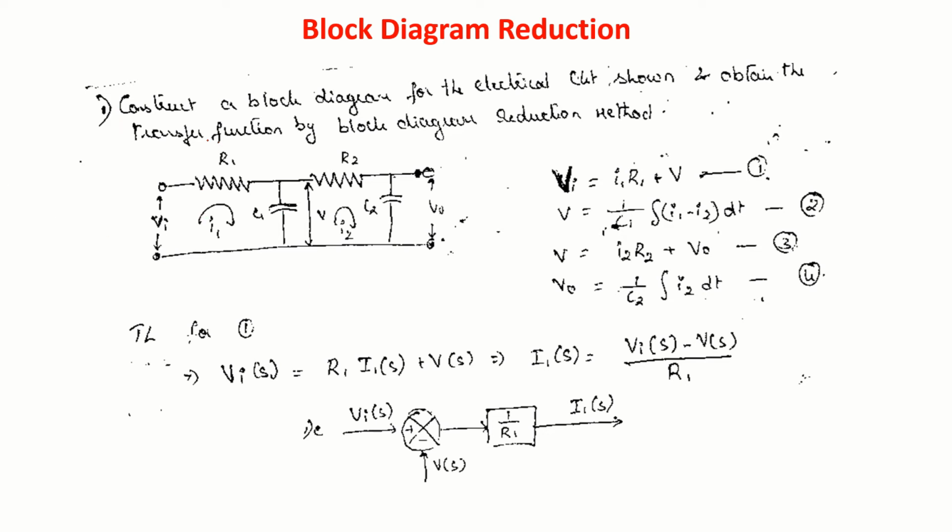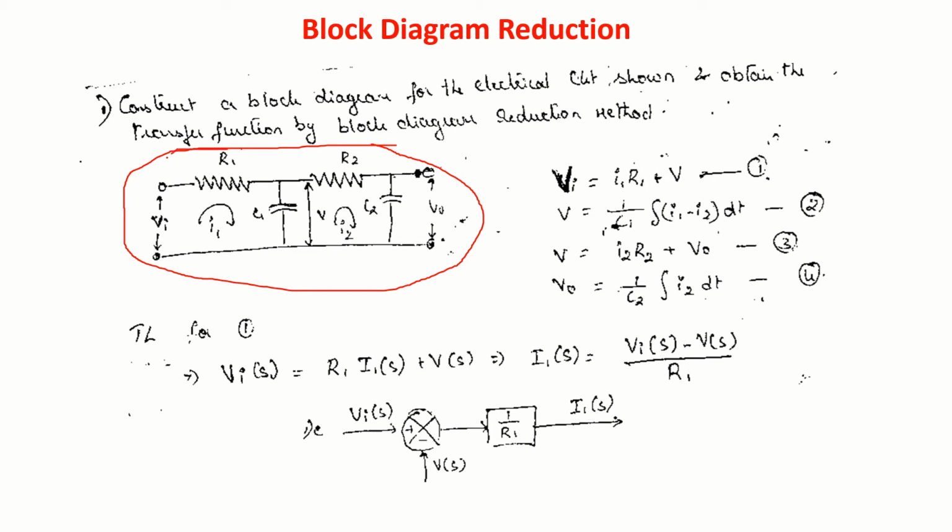Now let me tell you, suppose a physical system is given, how we can form block diagram and reduce it and get the transfer function. I have given a simple electrical circuit here. First, let us write the equations.